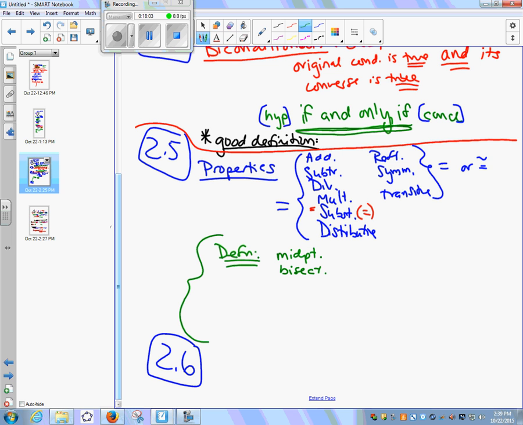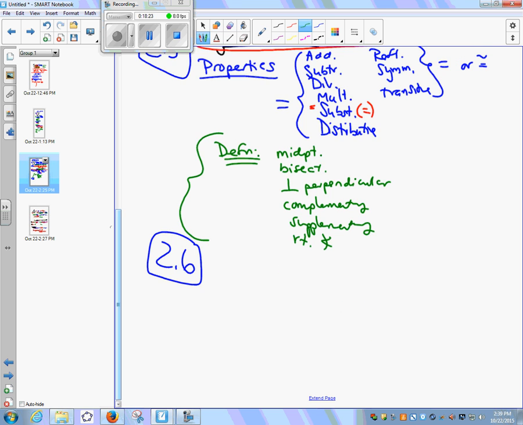bisect, perpendicular, complementary, supplementary, I guess right angle, linear pairs, vertical angles, what am I forgetting?